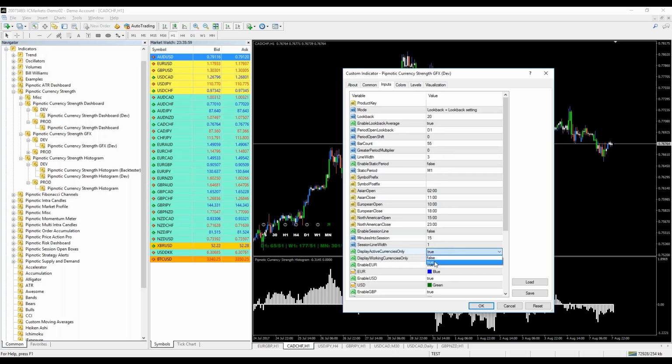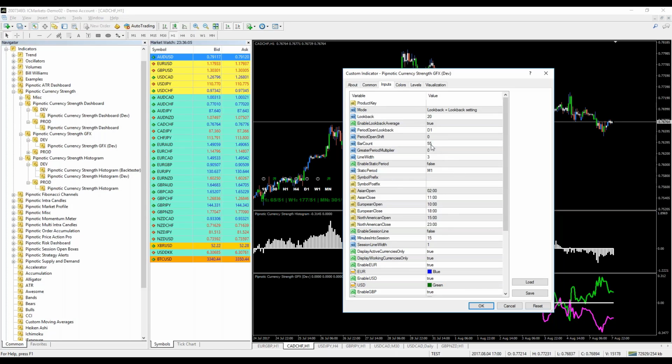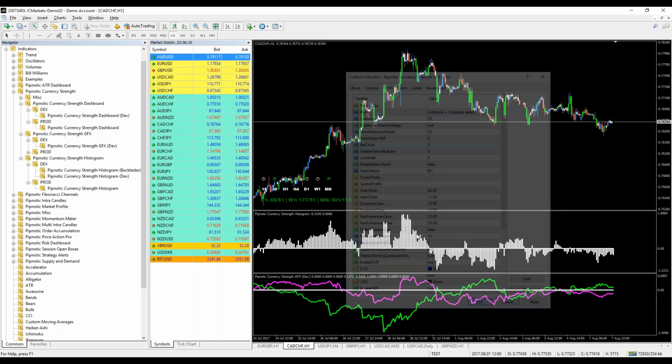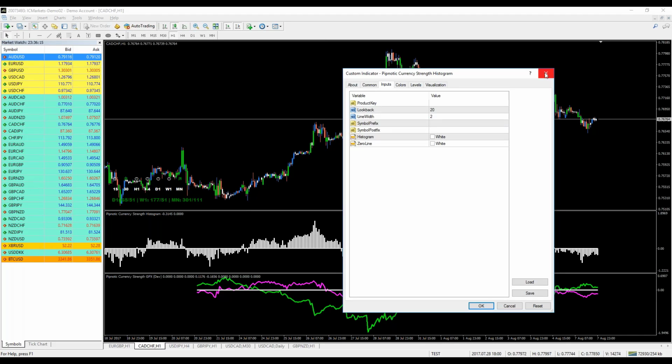This one here, just so you can see what it's used for or how the values are calculated.